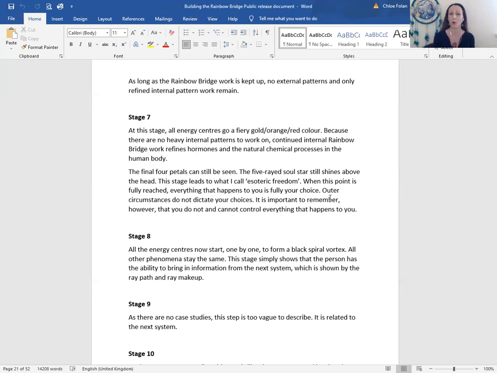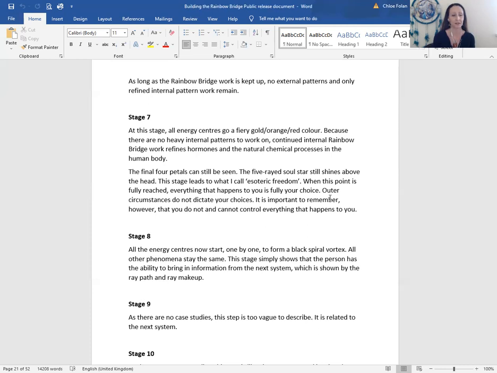But I'll say it again, there are always variables. I believe that's all I wanted to share about stage 7.